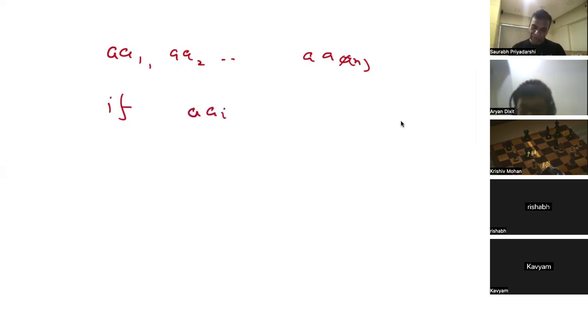What I'm saying is that a1, a2 up to a phi n are congruent modulo n, right? We are dividing this by n. Then are we getting the same remainder or a different remainder? So if I'm saying ai is congruent to aj mod n, we'll try to go for the contradiction, right?